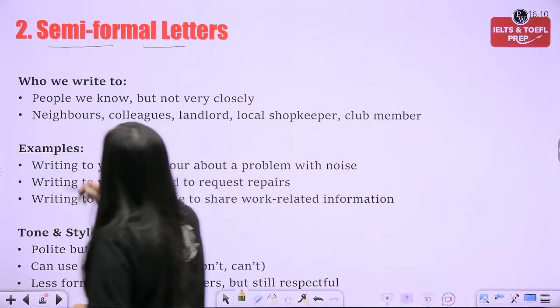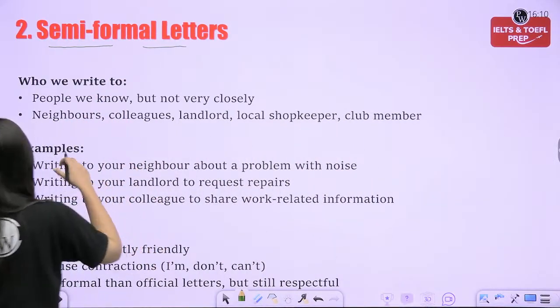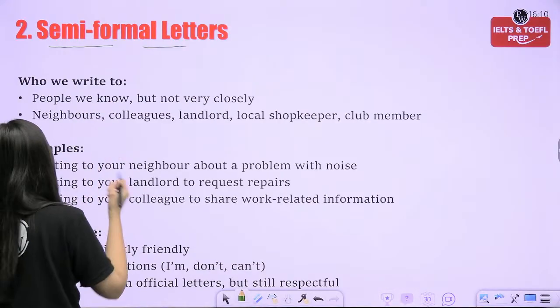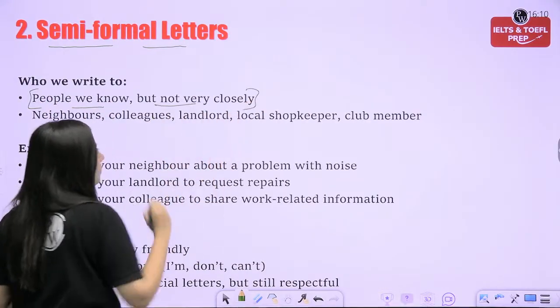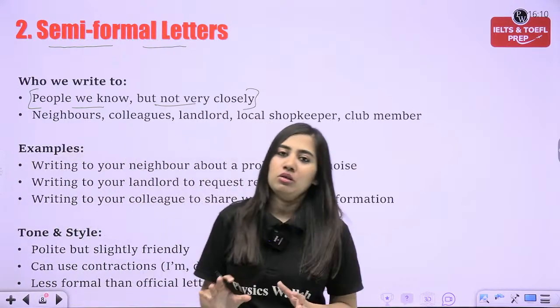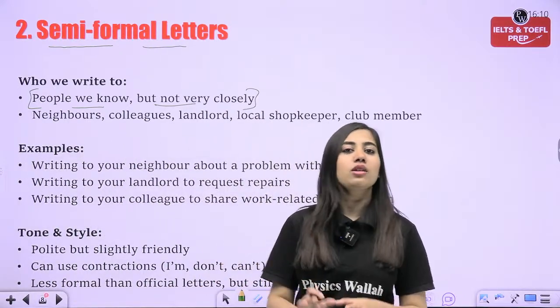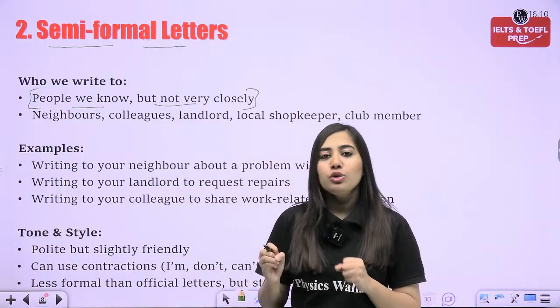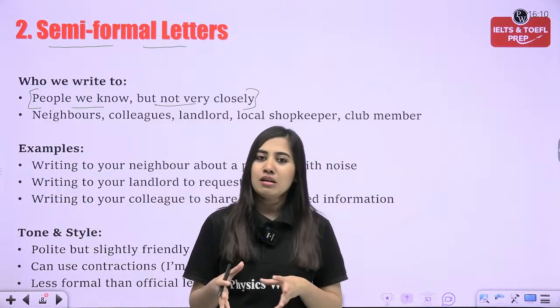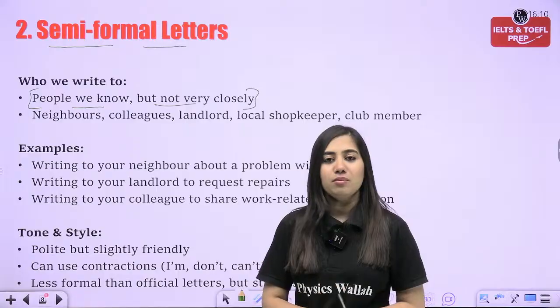So who are you writing to in the semi-formal? How will you get to know that it's a semi-formal type of letter? People we know, but we aren't very close to them. Let's suppose it can be your manager, your teacher, your landlord. Now, you know those people, but you don't share a good bond with them, do you?